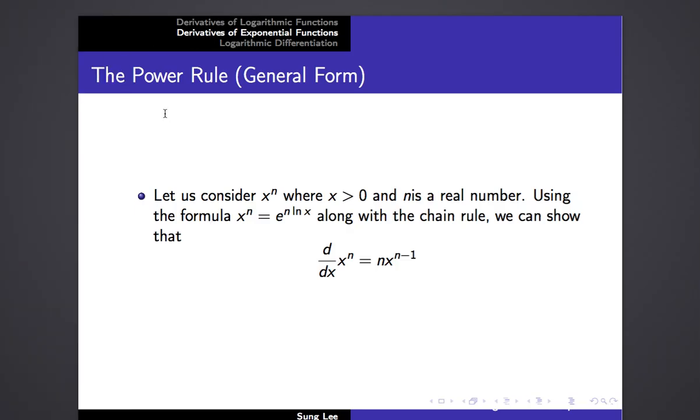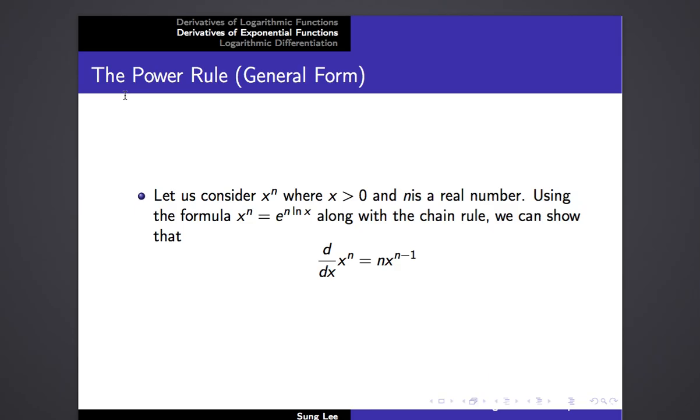Right. So next one, as an application, we can also prove the power rule. Of course, we did that earlier, but that was a special case when the power exponent n is a positive integer.